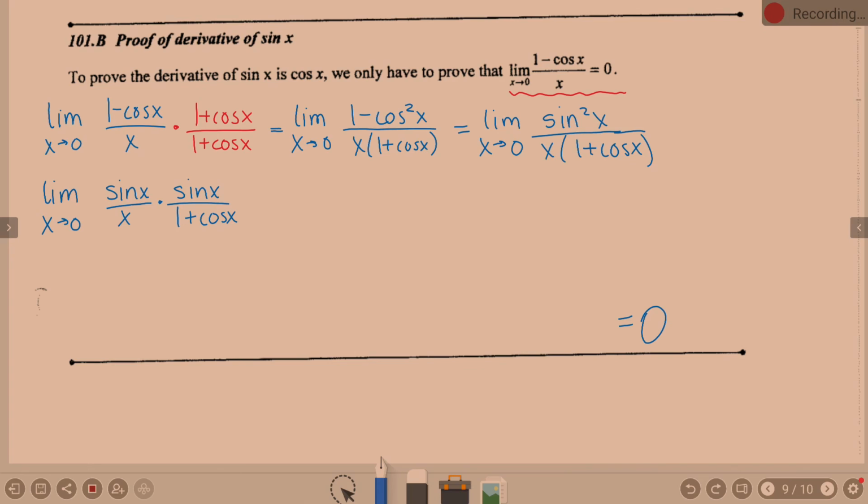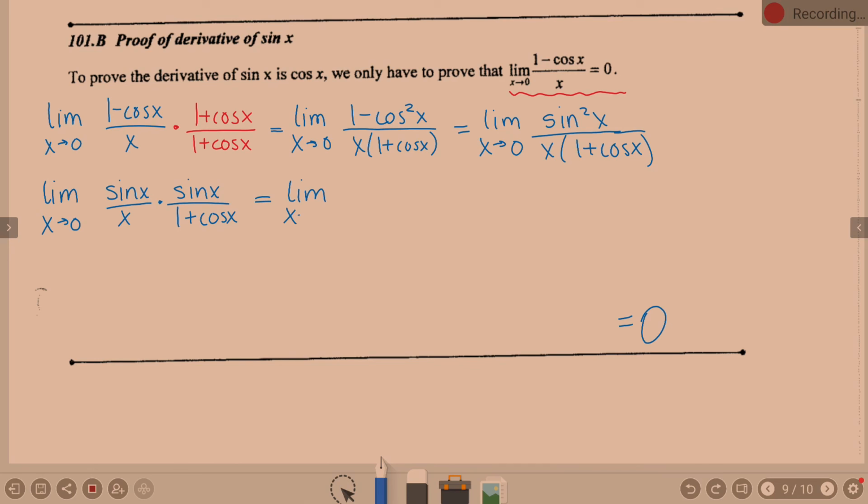Officially, if I'm trying to be official and use all the official notation, the limit of a product is equivalent to the product of two limits. What I'm saying there is that two fractions being multiplied within a limit can be rewritten as two limits.